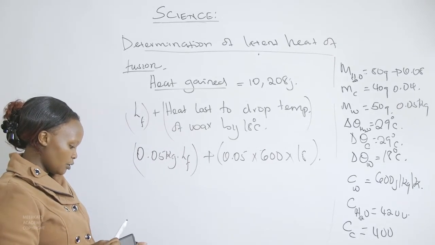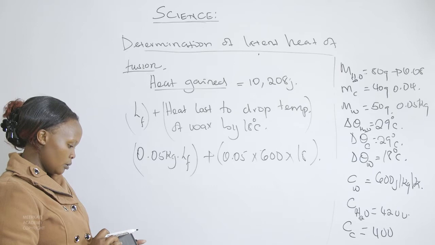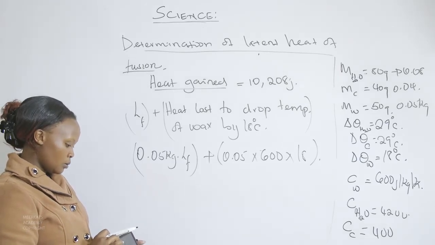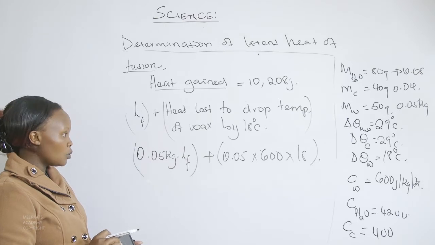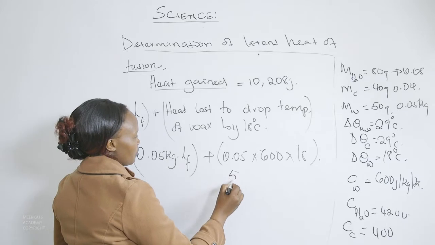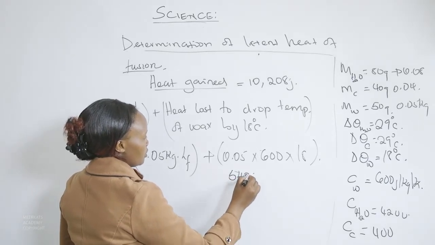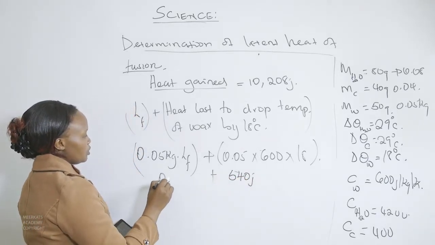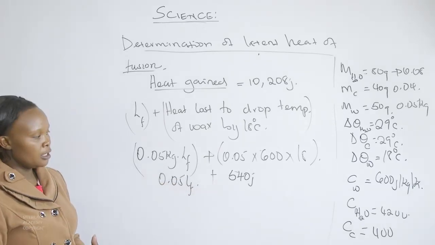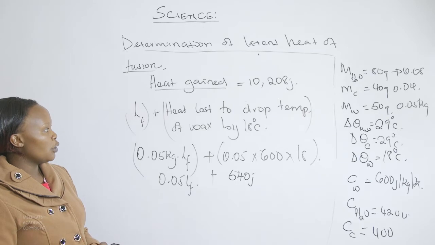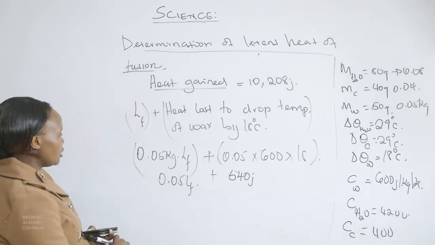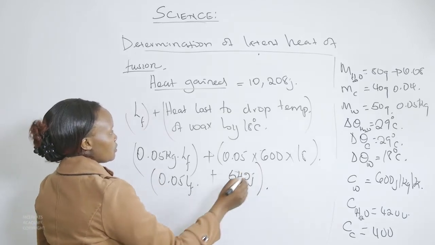That gives us 540 joules plus 0.05 multiplied by specific latent heat of fusion. That one is the heat lost.